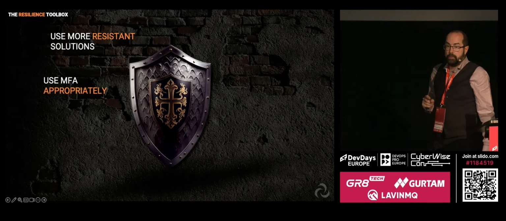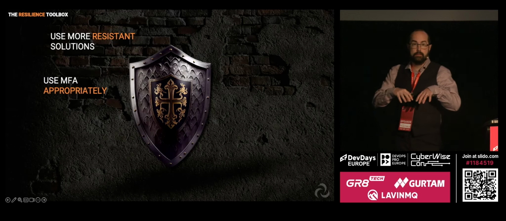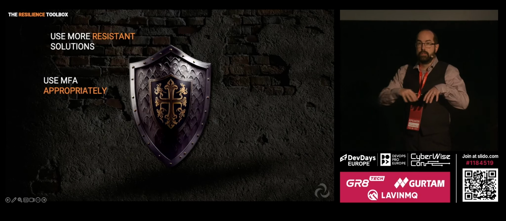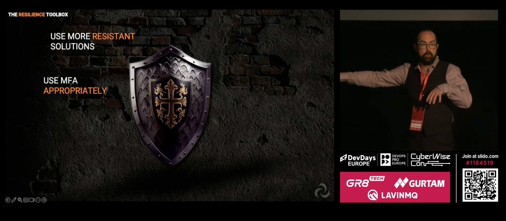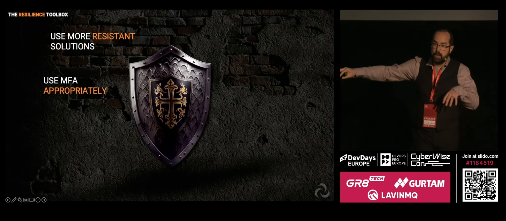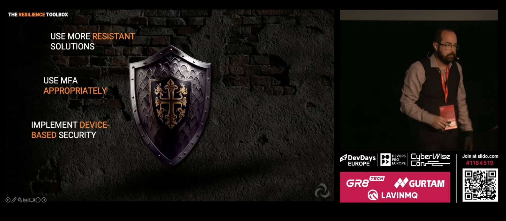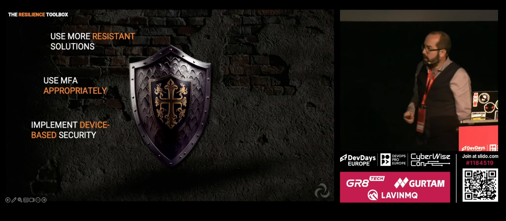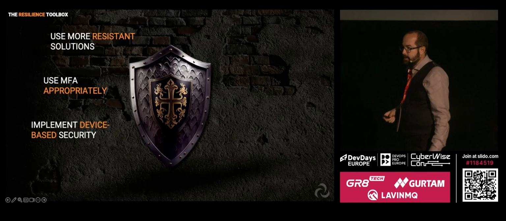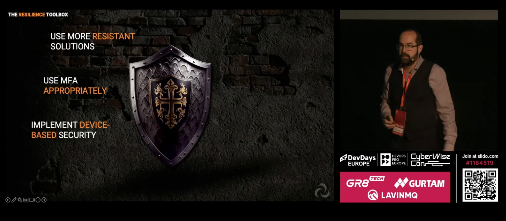Use MFA appropriately. Normally we put it where you log in, and that's it. Start moving it to where the sensitive operations are, because then you have to hack that person twice, which is a little more complicated. And use device-based security. Microsoft calls this conditional access, and it goes by many names.